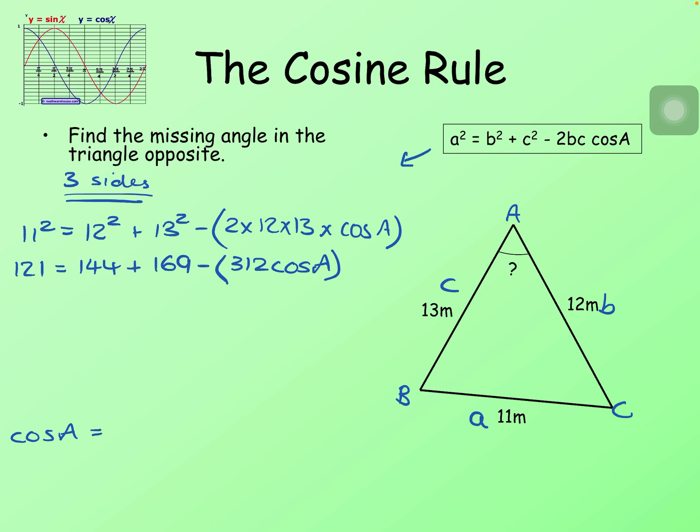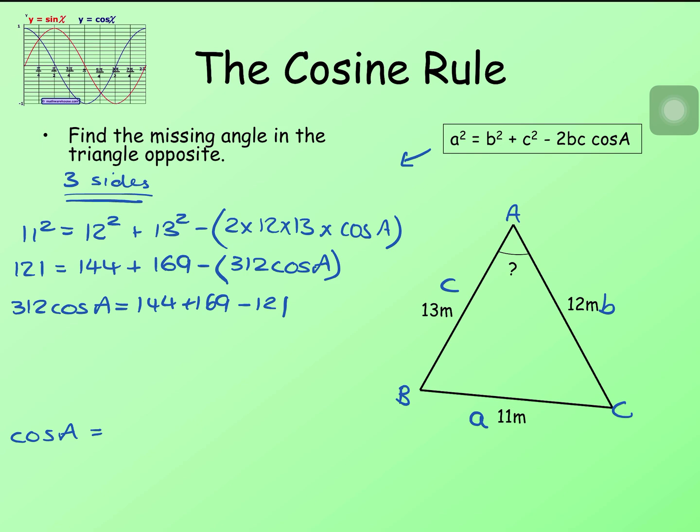Okay. So all I'm going to do is effectively swap them over. So I'm going to have 312 cos A equals 144 plus 169, but it's going to be subtract 121. Because remember, when it moves from one side to the other, the sign will change.